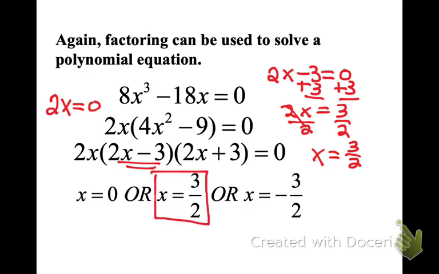And then we do the same thing to the last set of parentheses. And I'm going to go back to this first one, just in case anyone isn't sure where we got the 0 from. If I divide by 2, x equals 0, because whenever we have a 0 in the numerator, 0 divided by 2 is 0.